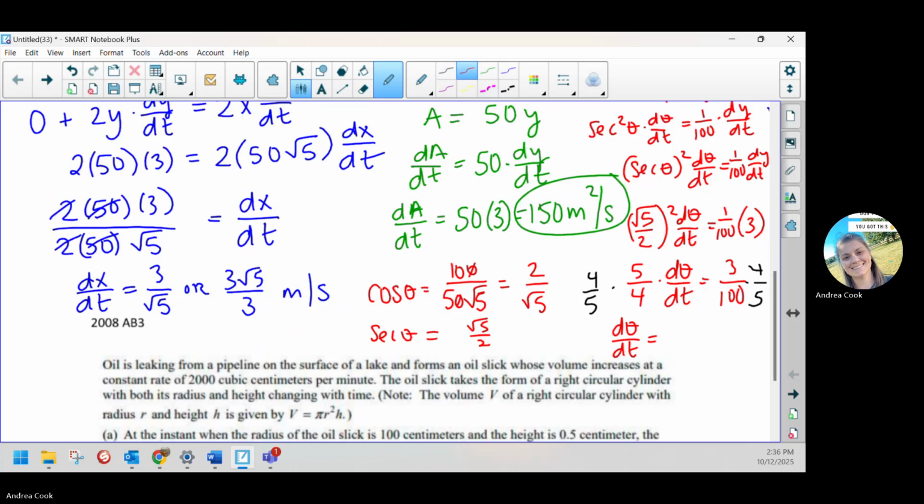So 12 over, oh, we can reduce that. 4 goes into 100 25 times. So what's that? 3 over 125. And in calculus, angles are measured in radians per second because it's the rate of change in theta.